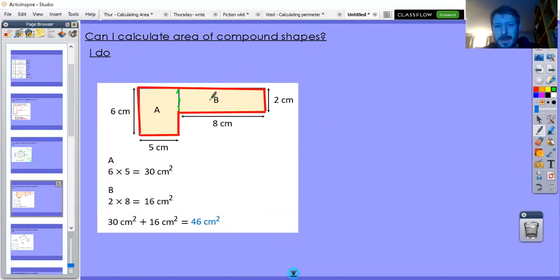So we've got a rectangle here and a rectangle here. We can do the area of this rectangle, 6 times 5 is 30 centimeters squared. And shape B, this rectangle, is 2 times 8, which is 16 centimeters squared. And then if we add these two areas together, we get the total area of this shape being 46 centimeters squared.